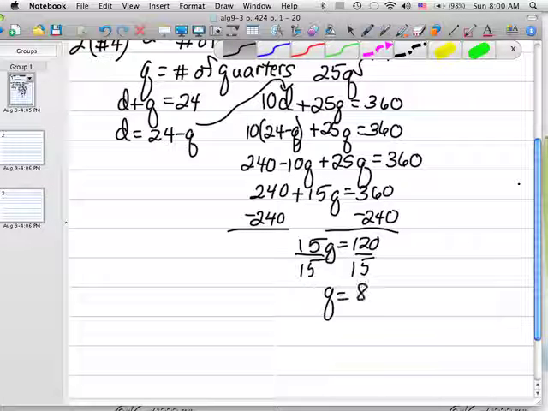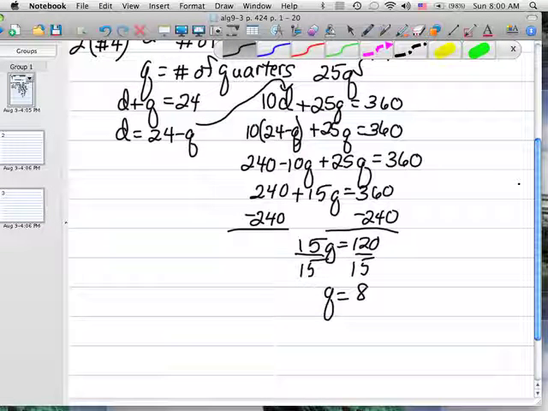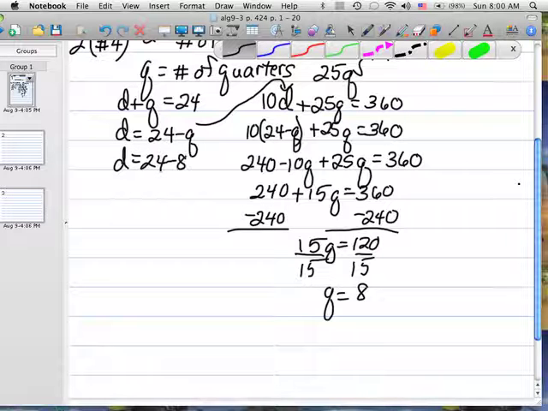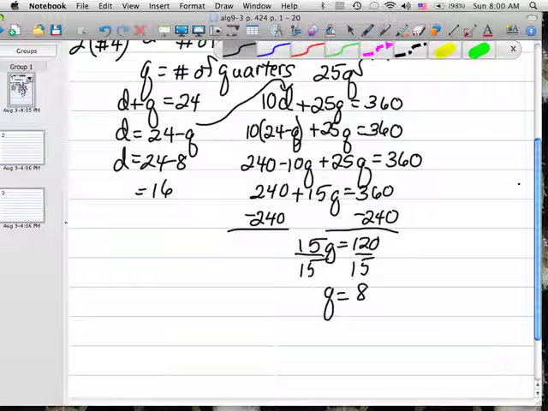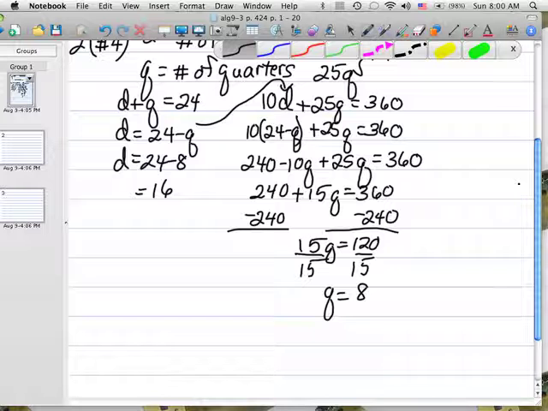So there are 8 quarters. And to find the number of dimes, we take 24 minus the quarters, and that would be 16. But they only wanted to know the number of quarters, so we don't need to worry about the dimes. So this is our answer. There are 8 quarters.